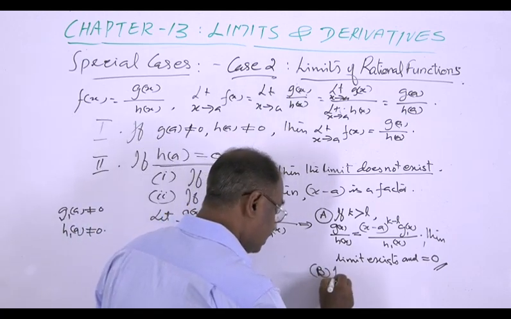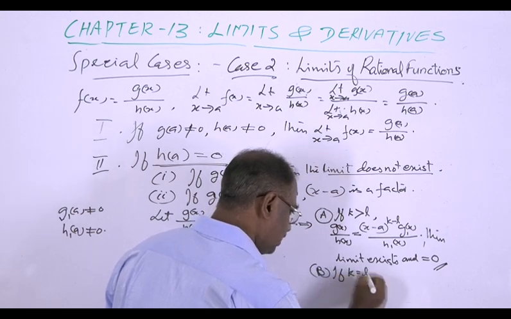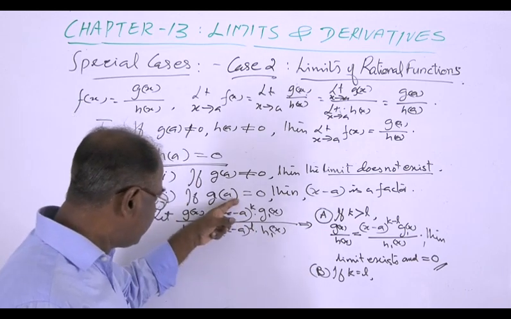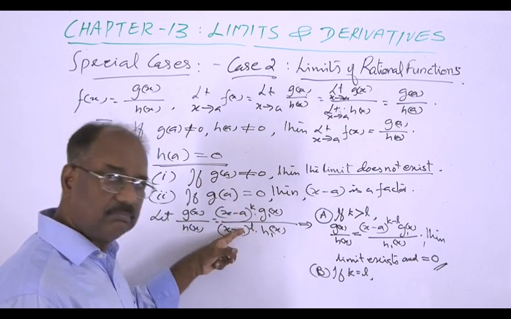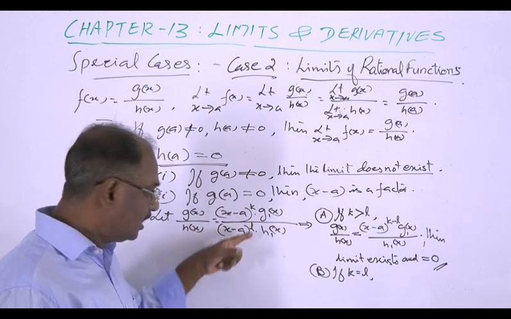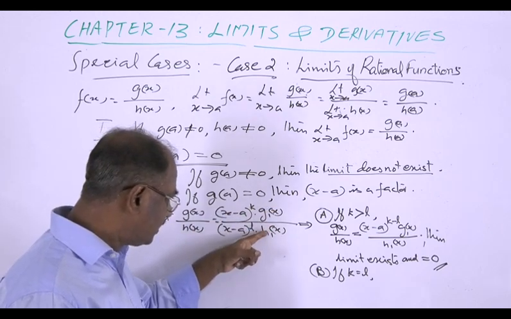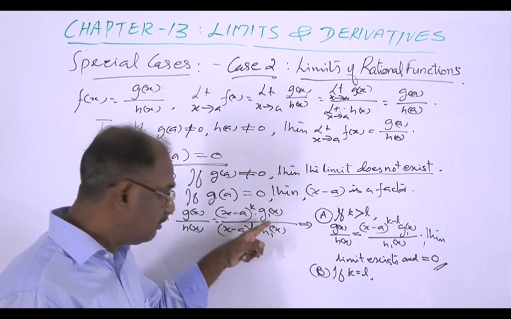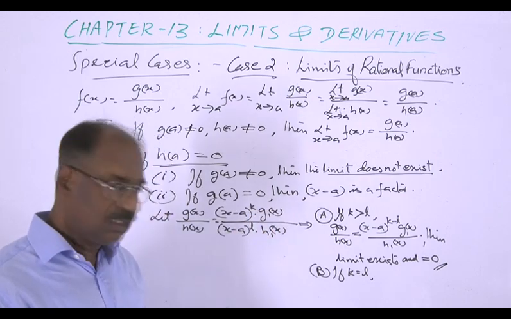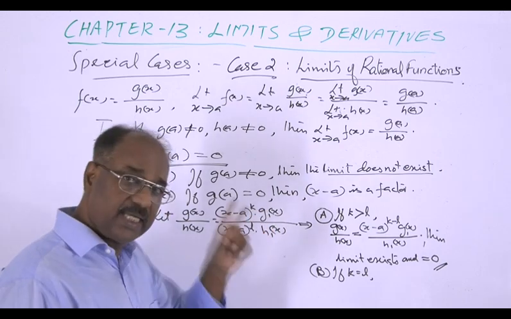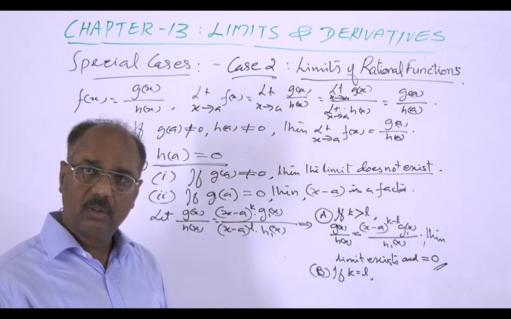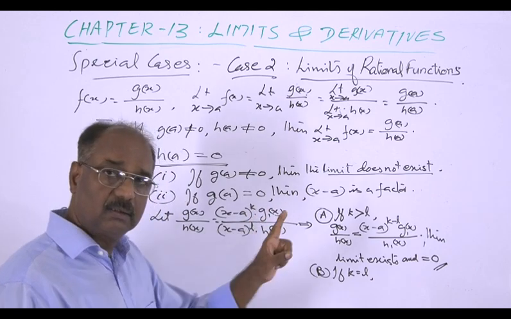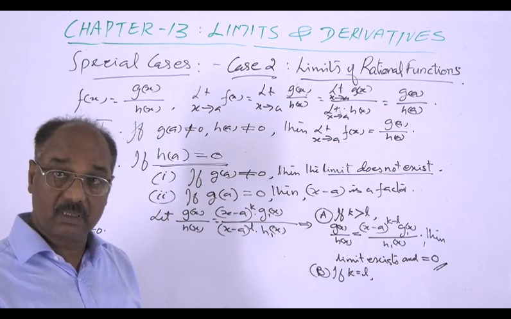B. If k equal to l, then the power is the same and cancels. This fraction becomes g1(a) by h1(a) when we take the limit. Numerator g1(a) not equal to 0, h1(a) not equal to 0, so with non-zero numerator and denominator, it is an existing number.